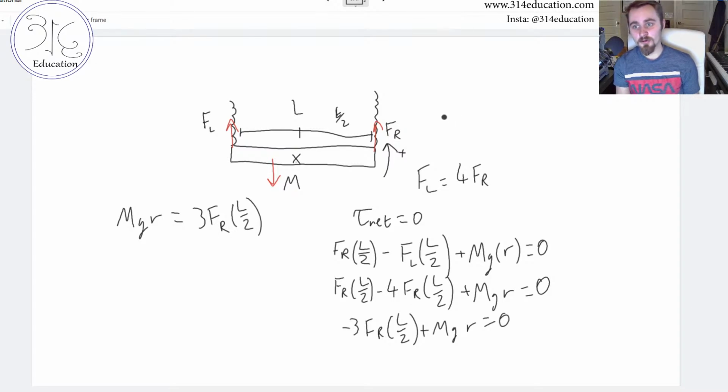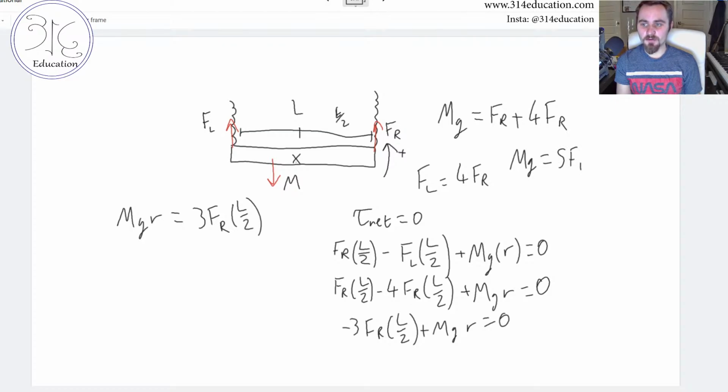So if the mass of the meter stick is negligible compared to the hanging mass, that tells us by Newton's second law, because this isn't accelerating in the translational direction, our total downwards force is going to equal our total upwards forces, which is going to be FR plus FL, which I'll plug in as 4FR. So our mg is really equal to 5FR.